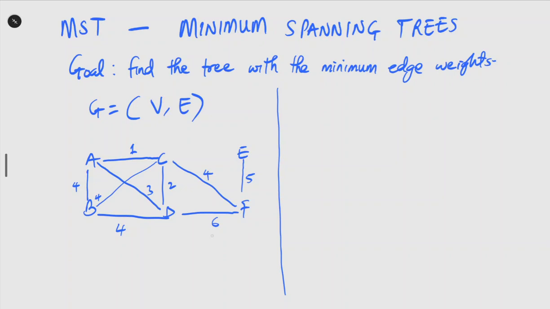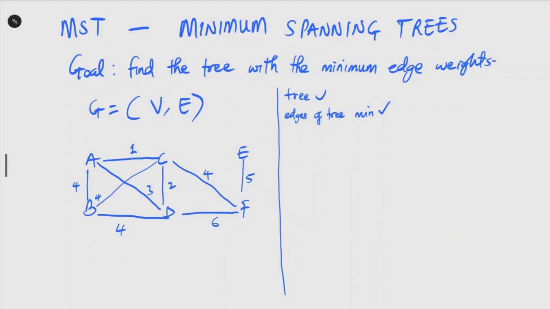For our MSTs, first of all, we want to tick some boxes. The first one, we want it to be a tree, right? And the second box we want to tick is that we want the edges of the tree to be minimum. Those are the two boxes we want to tick.